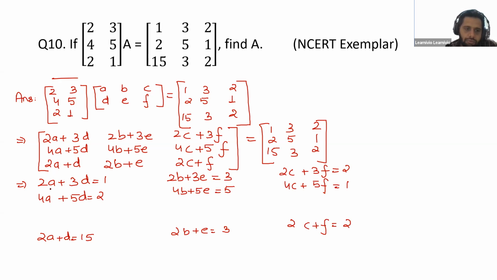Let's solve these two equations. So what you need to do, you need to multiply this equation with 2. So you will get 4A plus 6D is equal to 2. Subtract this. You will get minus D is equal to 0. So D you will get is equal to 0. Put the 0 here. So you will get A is equal to minus 2.